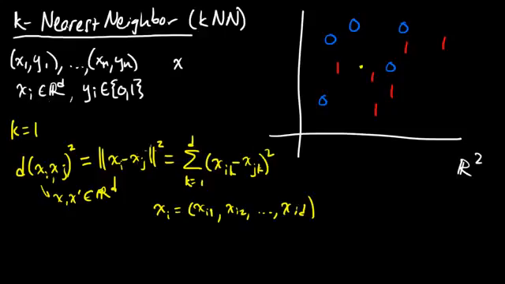I squared this so I wouldn't have to take the square root. So for now we'll take the Euclidean distance, and let's think about the case of k equals 1.